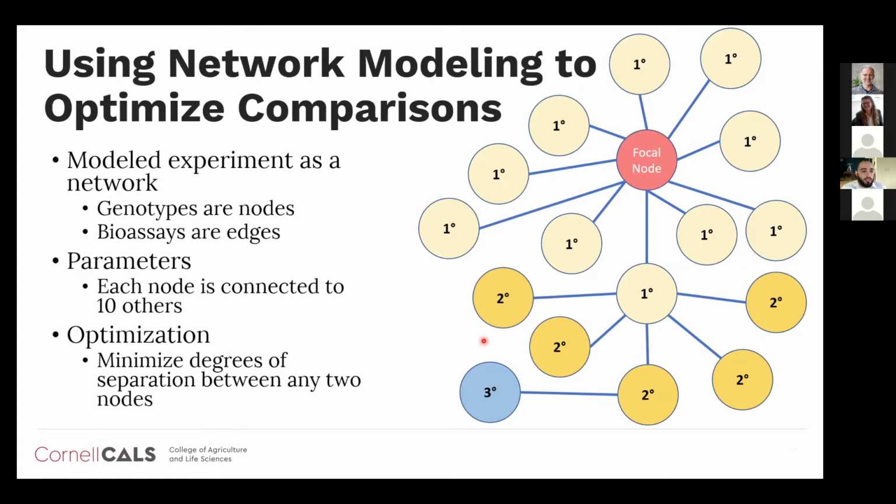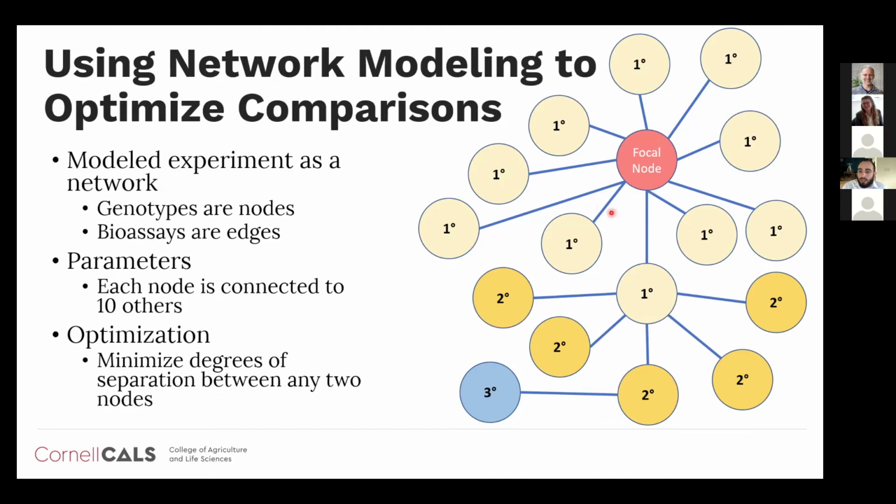I modeled the entire experiment as a network where each node is a genotype, and each connection between 2 nodes is a bioassay between 2 genotypes. In parameterizing the network, I made sure that each node was connected to 10 other nodes, so each genotype is compared to 10 other genotypes. And in the optimization, I wanted to minimize the degrees of separation between any 2 nodes.